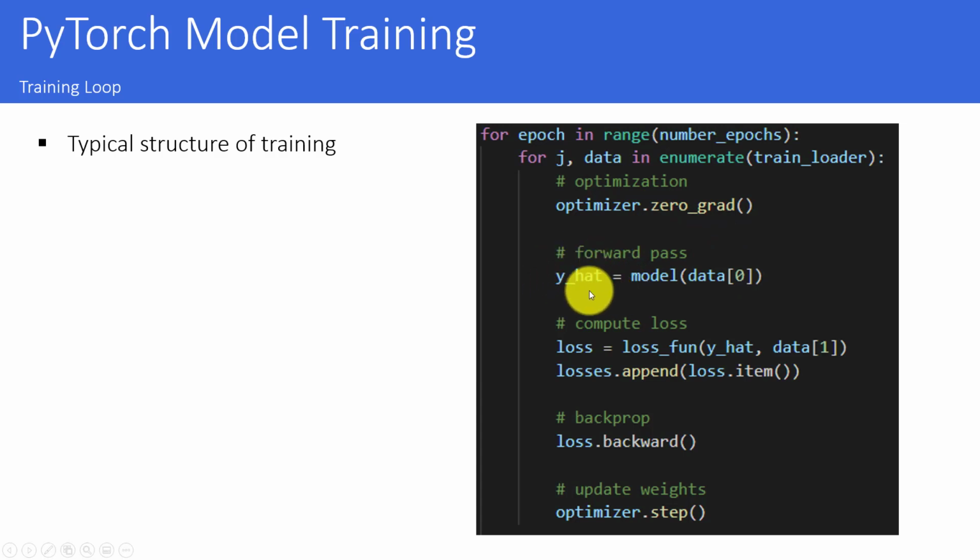Then we can take these predictions together with the true values and the loss function so that we get, taking all of this into account, the losses. And then we have the backpropagation and the updating of the weights by calling optimizer.step. So this is basically the structure that you will see over and over again in our coding.